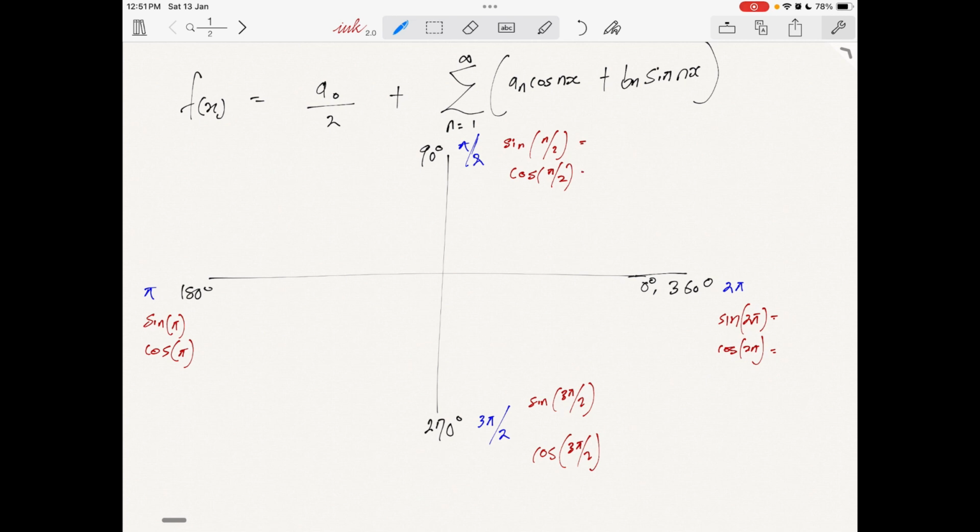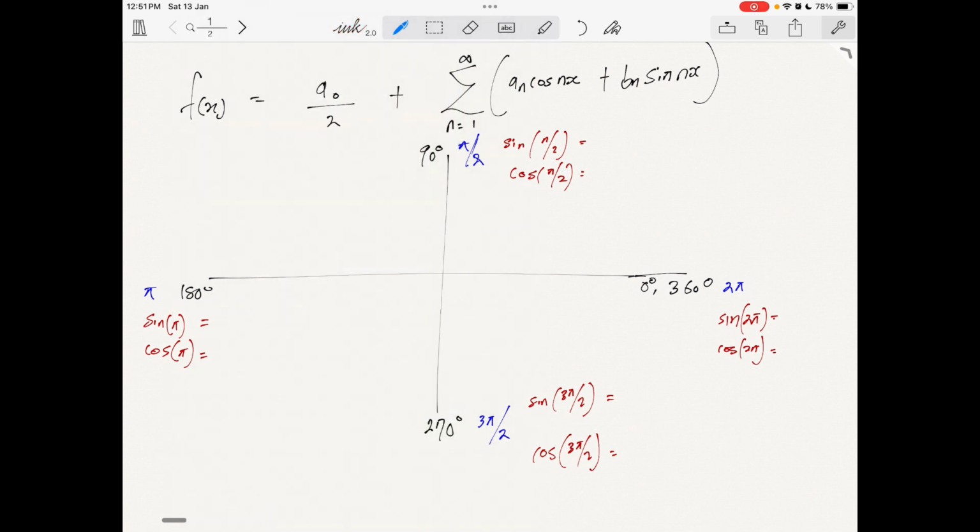Our understanding of this will go a very long way. So instead of pressing the calculator to evaluate sine pi, cos pi, sine 2 pi, cos 2 pi, we can easily go straight to the point and evaluate it.